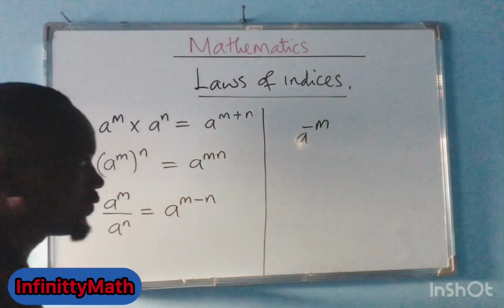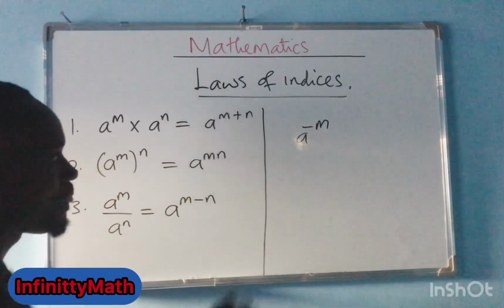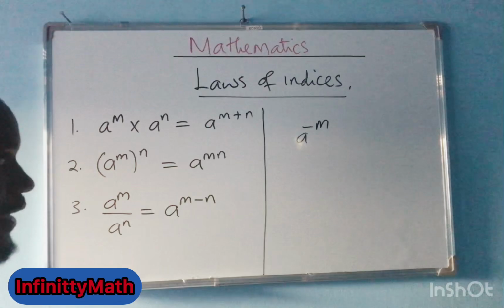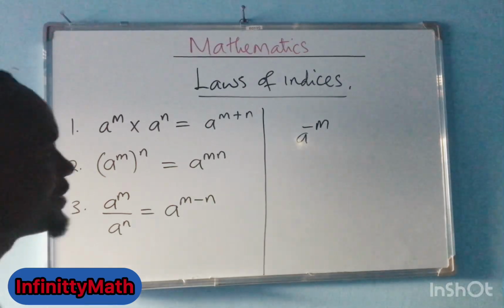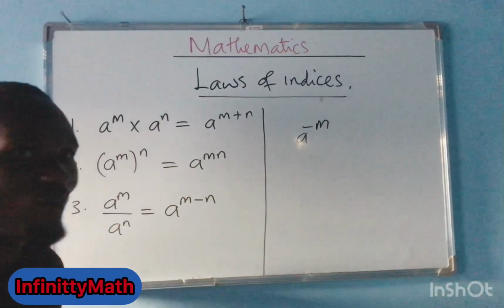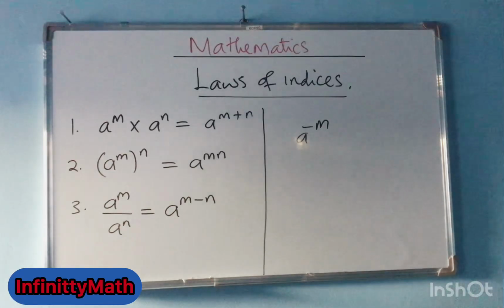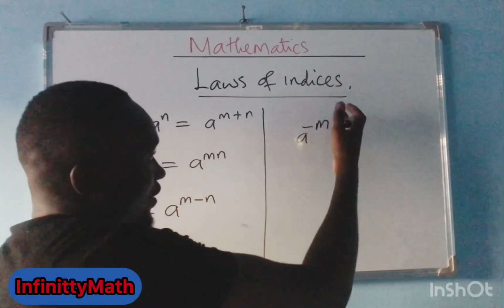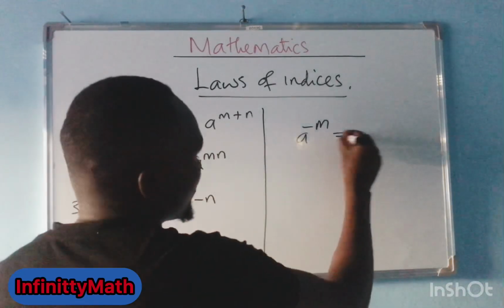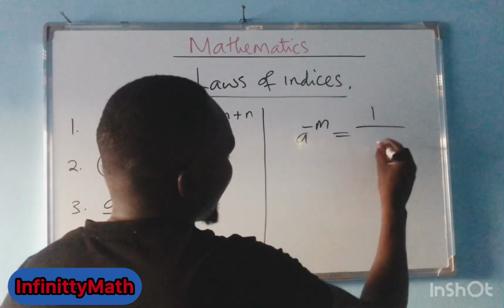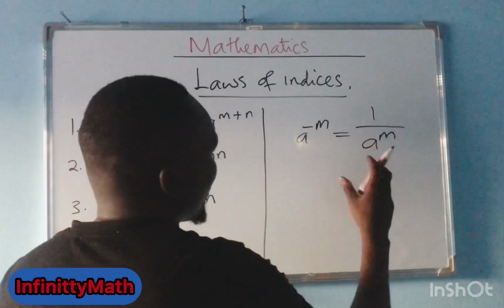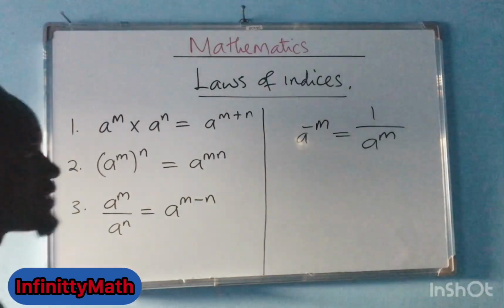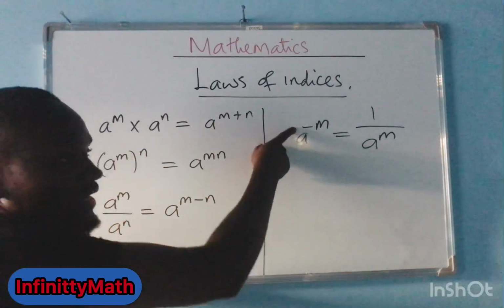Usually you have situations where you have the base a raised to the exponent m. How do you find the final answer in that case? What you do is introduce a special one. You want to get rid of the negative sign on the index or the exponent, so you say 1 over a raised to the power of m. Because of the one we have introduced on the numerator, it has consumed the negative that we had.